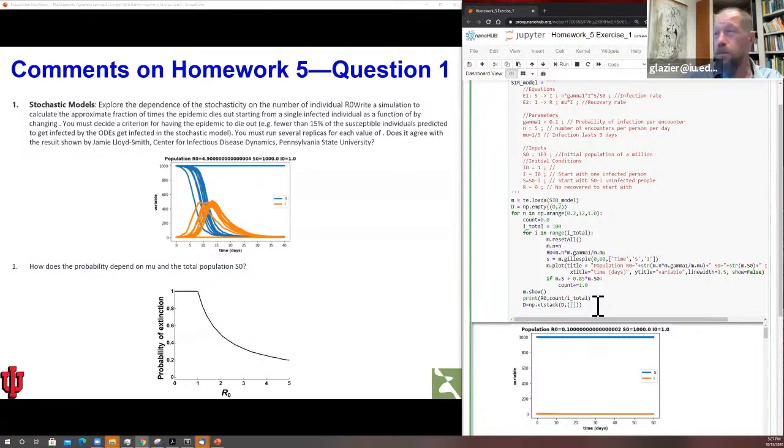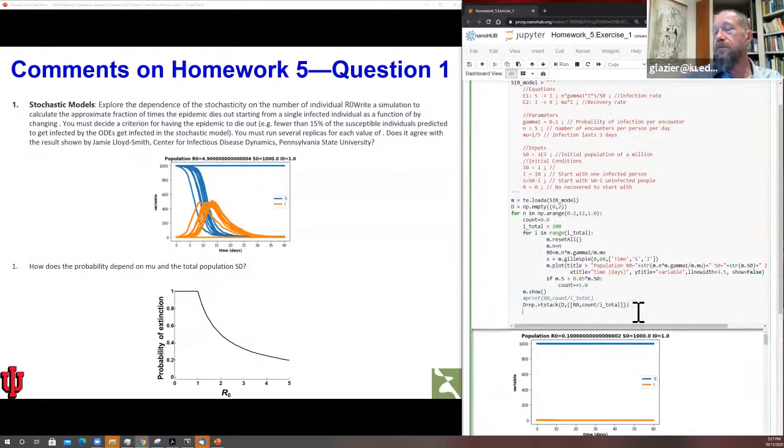So if we add it as a tuple or a list, and then remember, our R naught, count divided by I total. See if that works. And instead of printing this, when we're done, we can now print D.